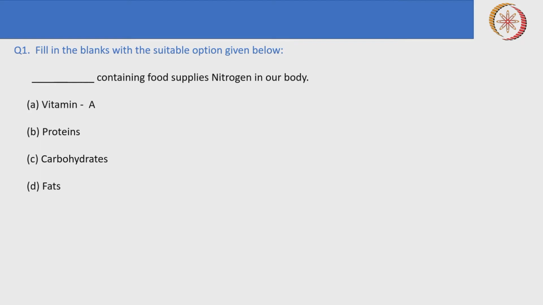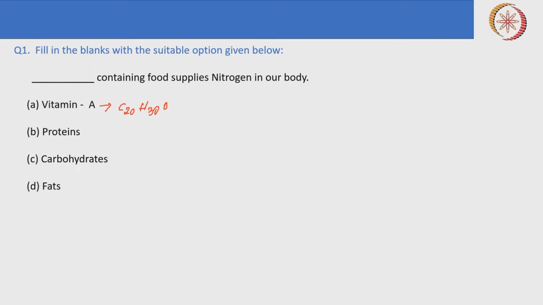The formula of vitamin A is C20H30O. In this formula, you can see that there is no nitrogen-containing group, no nitrogen element.